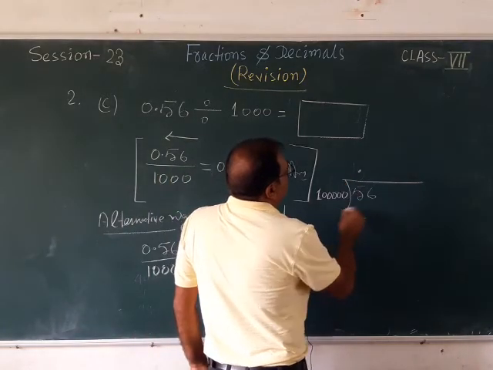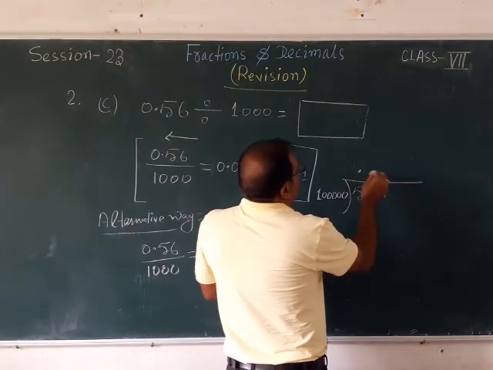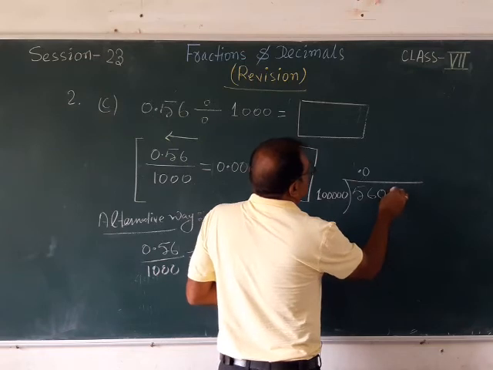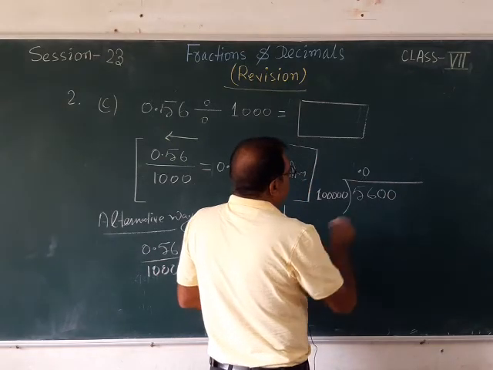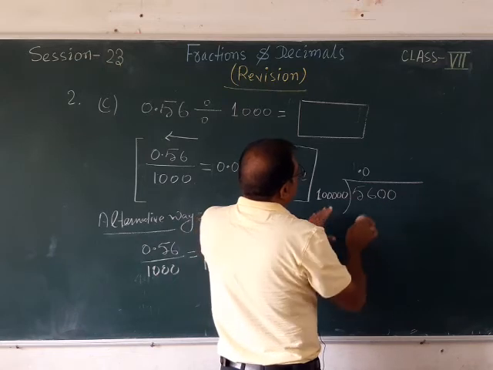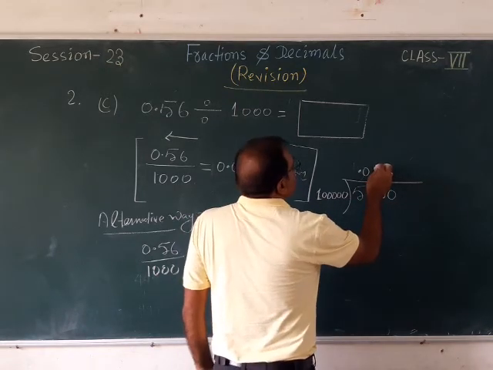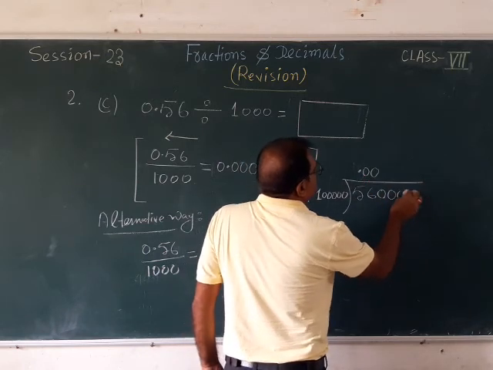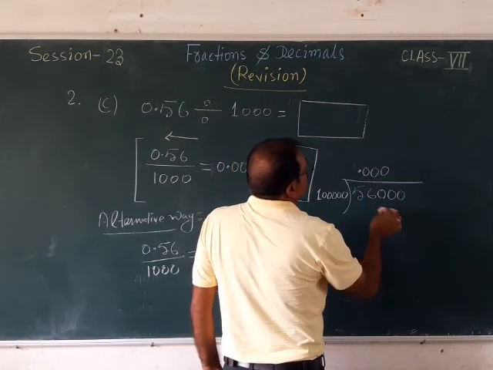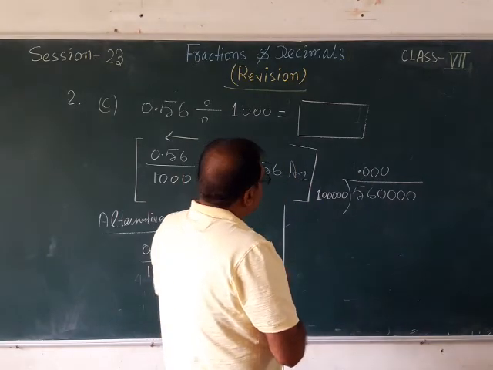Then after giving the point you can give only 1 zero. For another zero I have to give a zero again. Once again you can see that the number is smaller, so once again you need to give a zero, then one more zero there, then one more zero there. So like that it is coming.